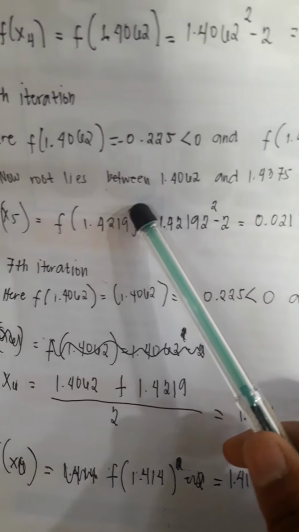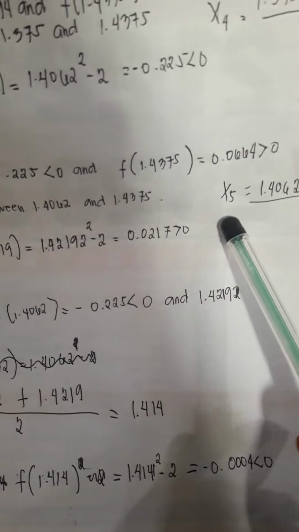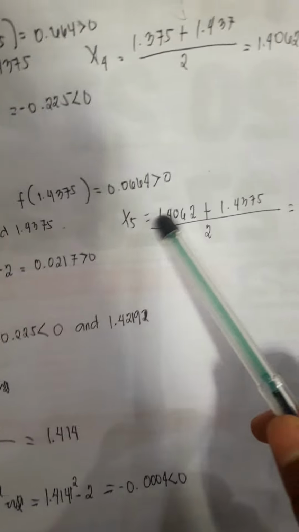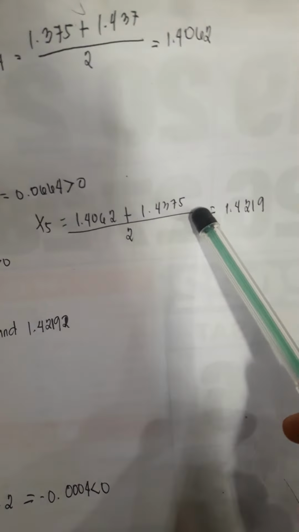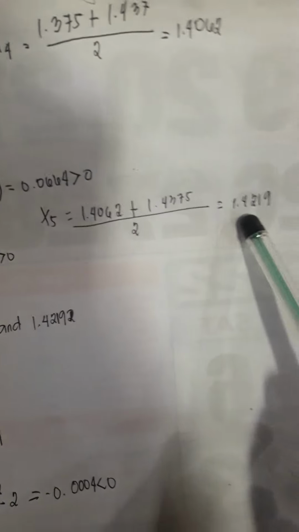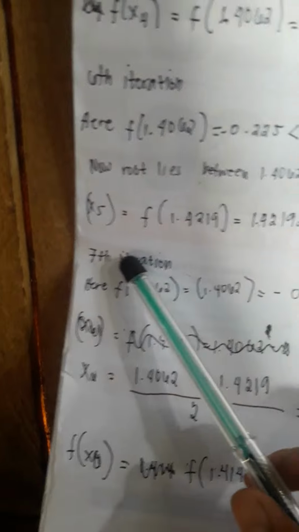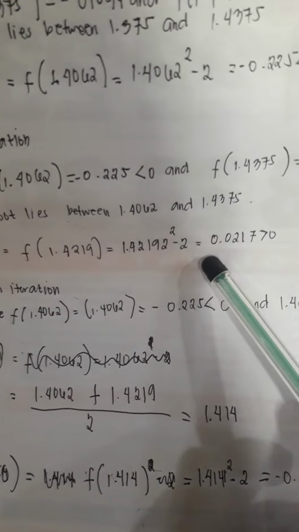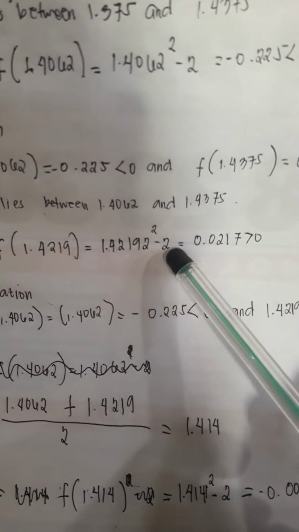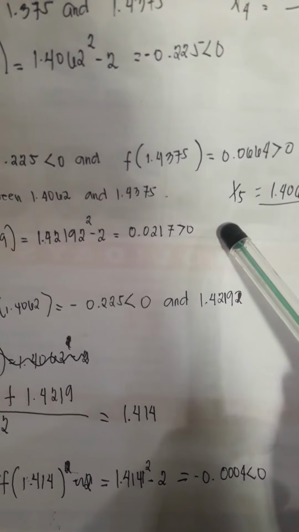Now the root lies between 1.4062 and 1.4375. x6 equals (1.4062 plus 1.4375) over 2 equals 1.4219. f of 1.4219 equals 1.4219 squared minus 2 equals 0.0217, which is greater than 0.